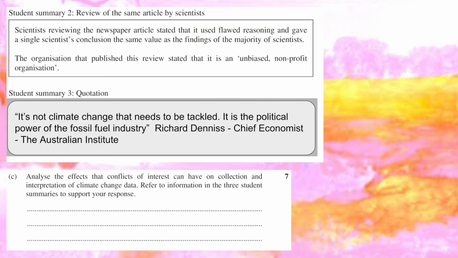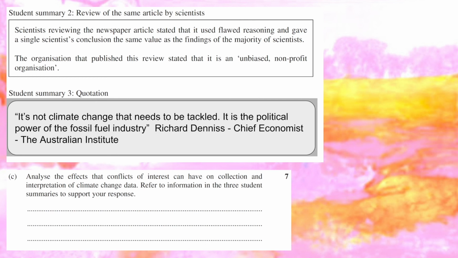And then you go to number 2. You say it's flawed reasoning because it's one scientist, and the majority of scientists are going the other way. And then summary 3, write what that's saying. Now the important thing here is don't just quote from those summaries, write what you think the summary is.